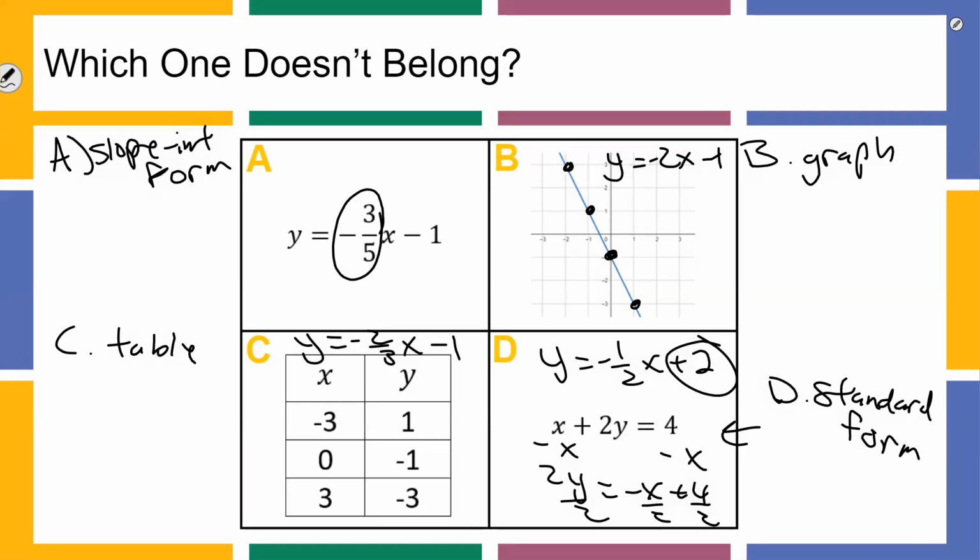Okay. Any other reasons? That's a good majority of them. So there were obvious reasons, there were non-obvious reasons that we had to solve or figure out. So any of those could have been reasons why any of them did not belong.